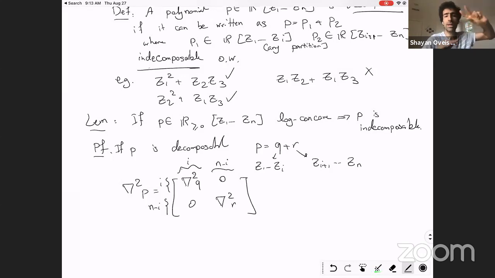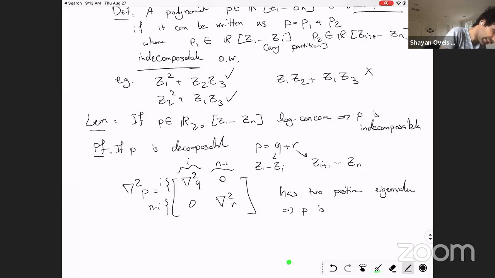So this matrix has two positive eigenvalues, and that's a contradiction. So P is not log concave.